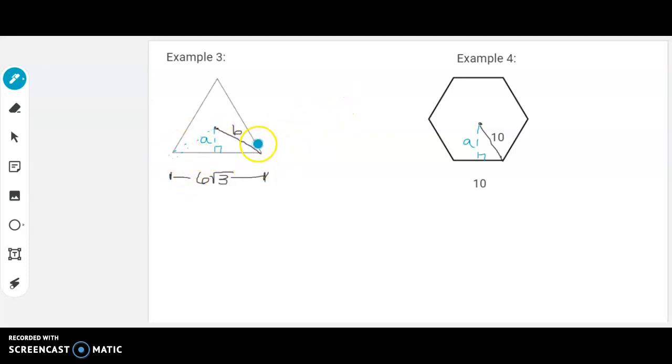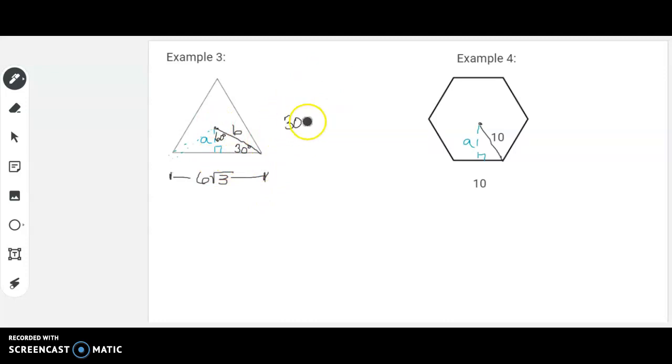I could also view this as 60. Remember, each interior angle of an equilateral triangle is 60 degrees, and the radius would split it. So that would make it a 30-degree triangle, and this would make this a 60-degree. So here I actually have a special right triangle.